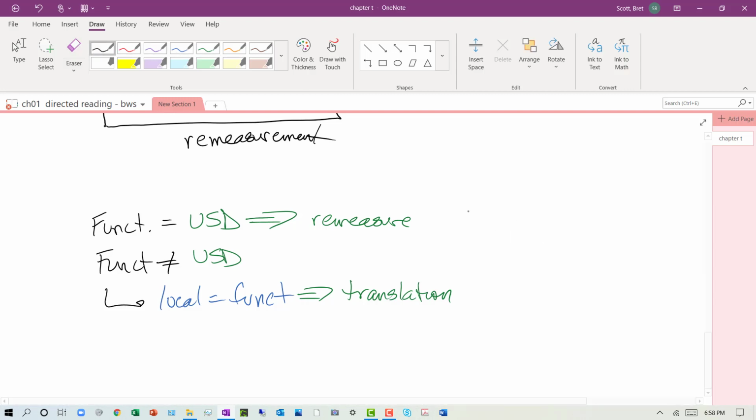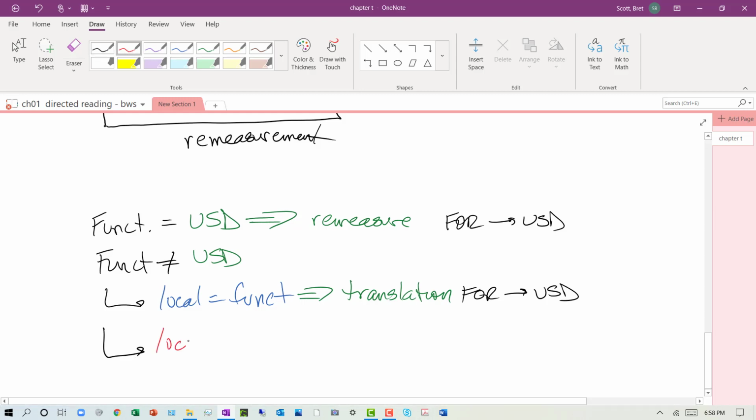Let me just put a little note over here too. Foreign currency into US dollars. Other option, local does not equal functional. What do we have to do?